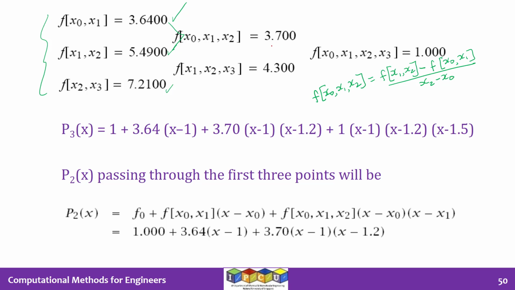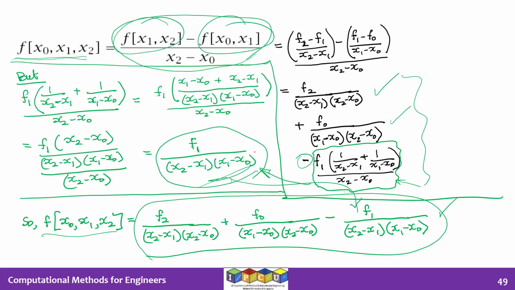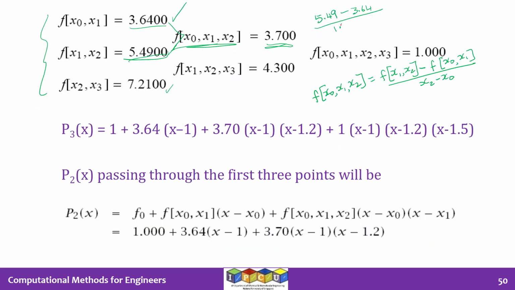So if I want to get this value, I'm going to do 5.49, which is f x1 comma x2, minus f x0 x1, that is 3.64, divided by x2 minus x0. What is x2 here? x2 is 1.5 and x0 is 1. So 1.5 minus 1. So that is going to be 1.85 divided by 0.5, which is going to be 3.7. And that's what you see here.